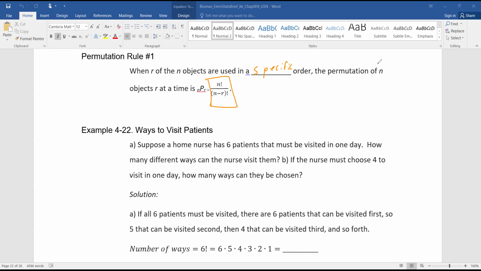So if I'm trying to find the permutation of 5 things happening, and there's 32 events, I would then do 32 factorial over 32 minus 5 factorial and get my conclusion of how many different combinations of these events I could have. 5 events out of 32, if I can't repeat, and order matters. So if I do it first, I can't do it second.